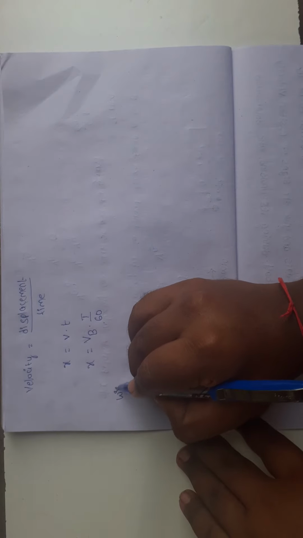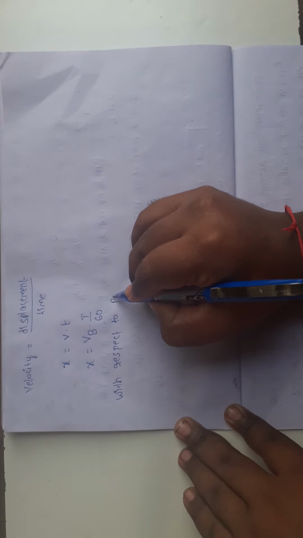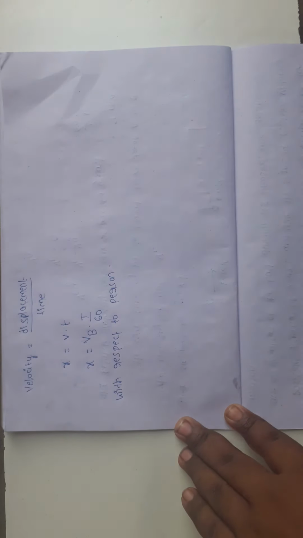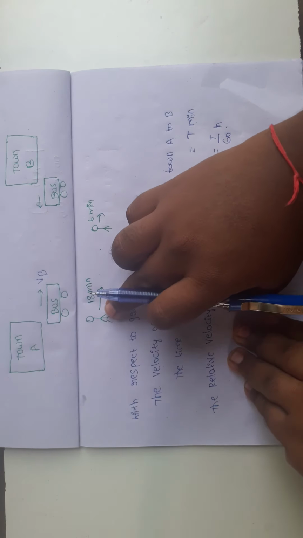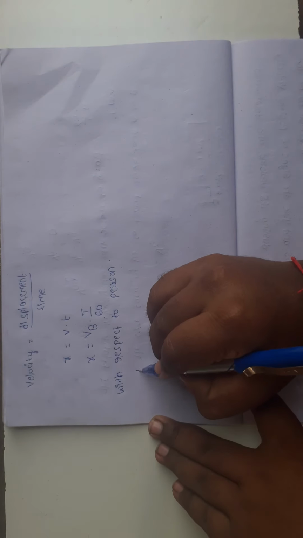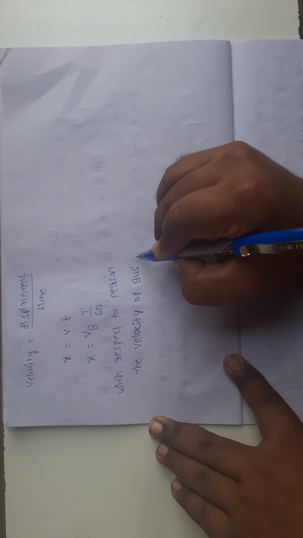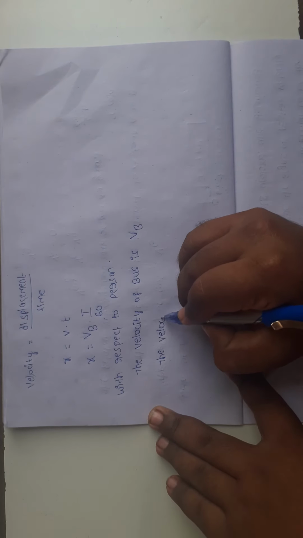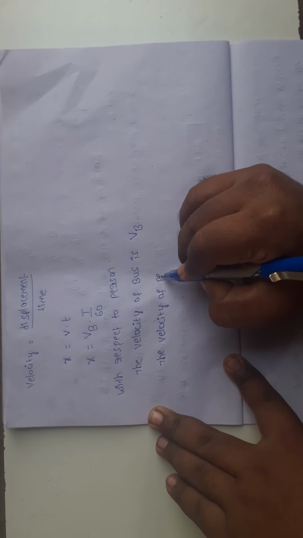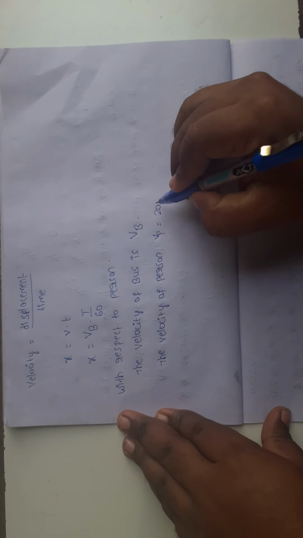Now with respect to the person. Here one person is cycling. With respect to that person, the velocity of the bus is Vb, and the velocity of the person Vp equals 20 kilometer per hour.